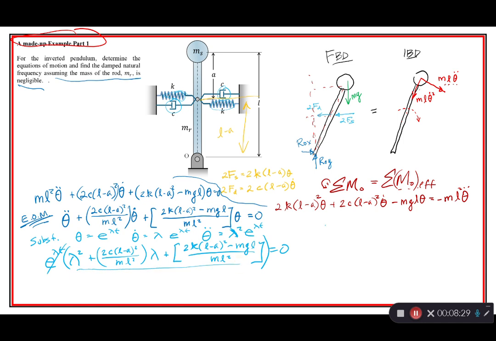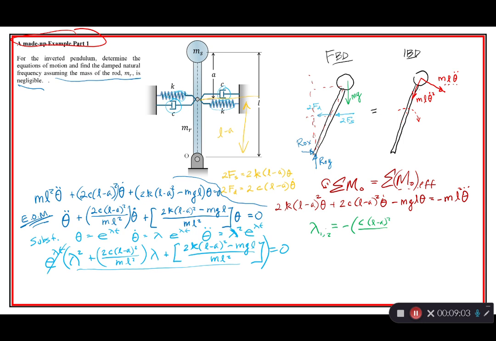And from that, we can put the lambda 1 and 2 is equal to, all right, so let me use another color. In green, we'll say that lambda 1 and 2 are equal to negative c(L minus a) squared over, and I think I left out a 2.